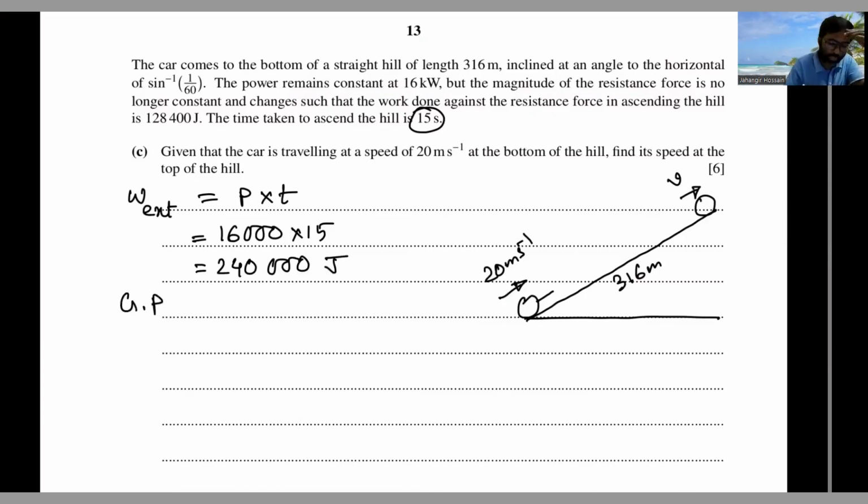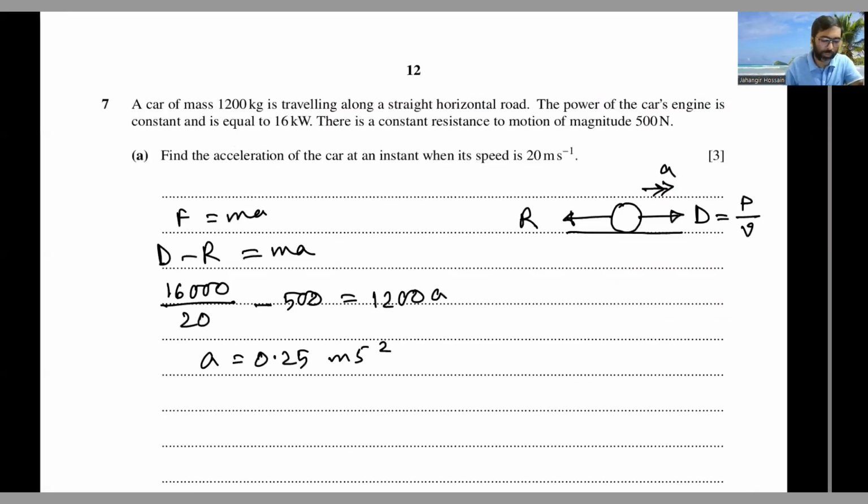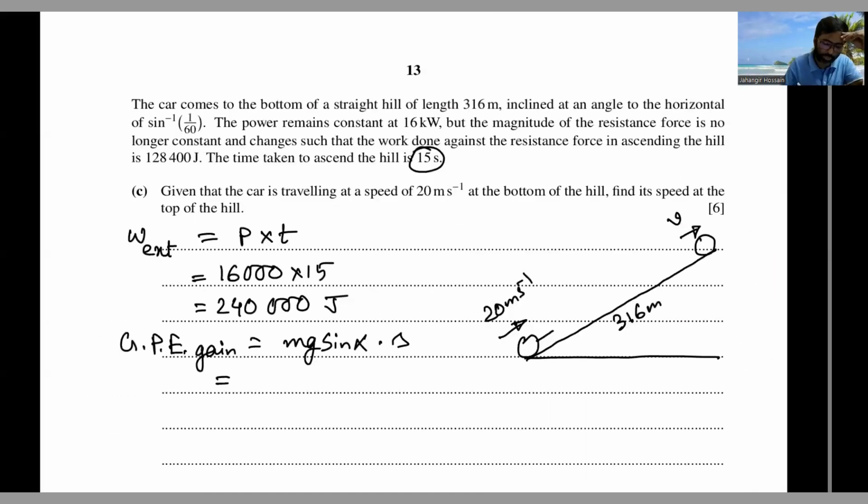Now, there is a GPE gain. How much is the GPE gain? Since it is moving along an inclined plane, it is mg sin alpha into the distance along the plane. The mass of the car is 1200, so mg is 12,000.